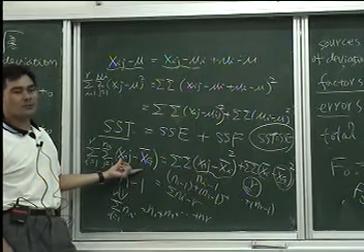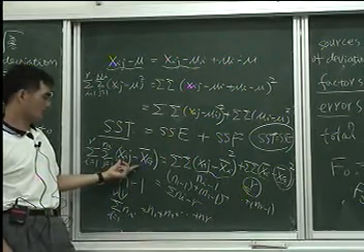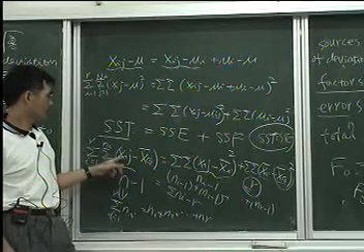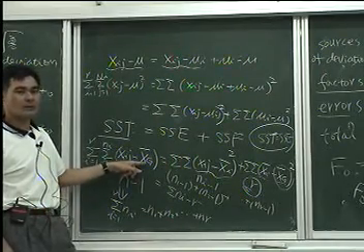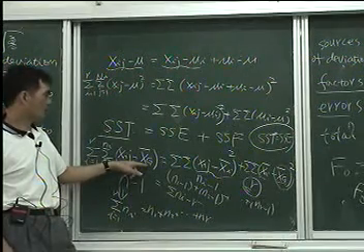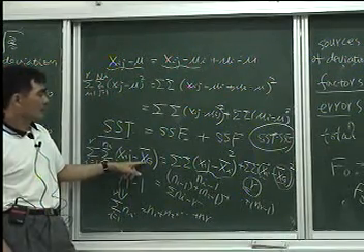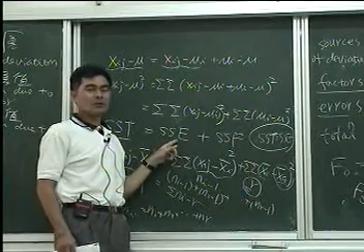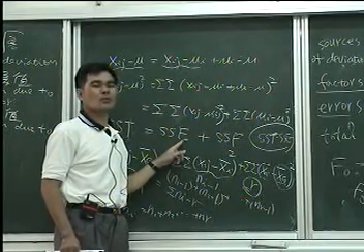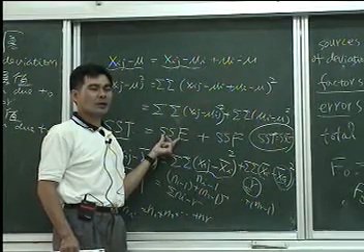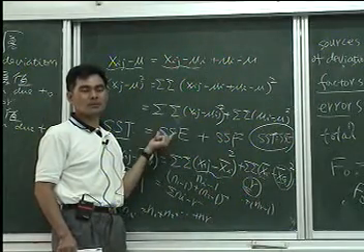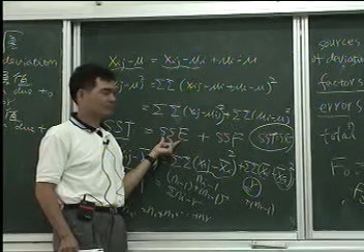So for sum of square total, you are dealing with each individual item and the grand mean. For sum of square error, you are dealing with the items within each machine, because it's due to random factors.